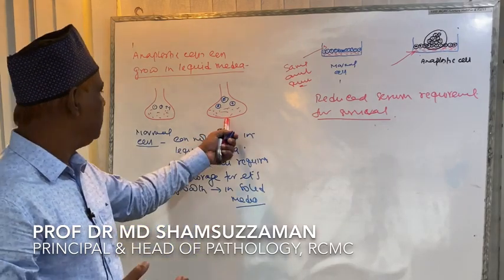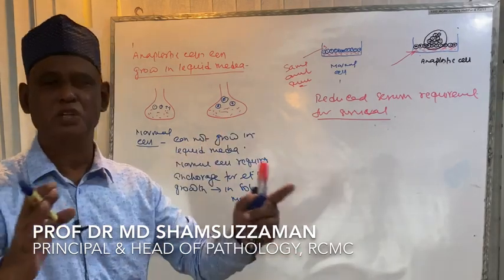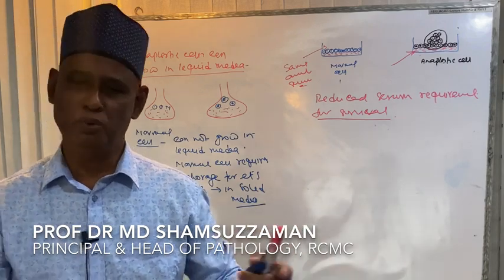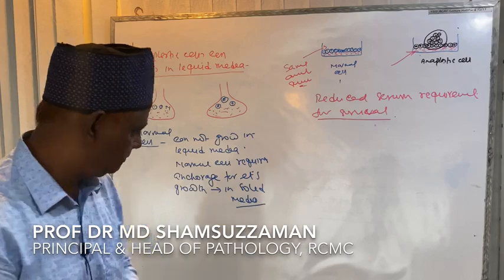But malignant or anaplastic cells require no anchorage, so they can grow in solid media, and also they can grow in liquid media.